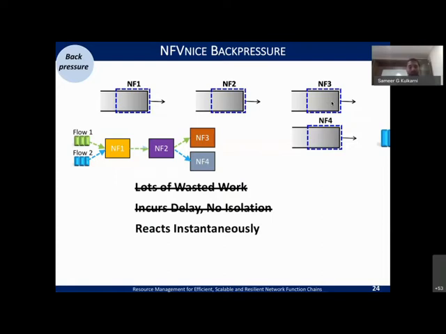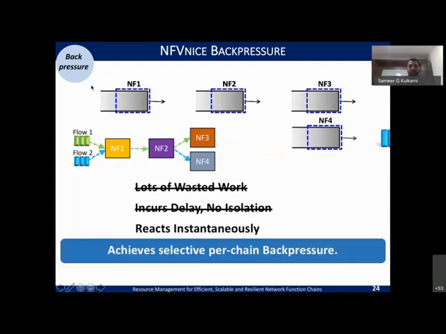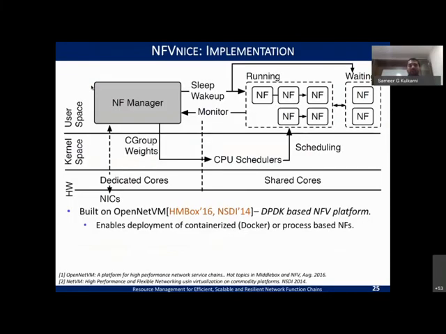And what this means is if I have this scheme in a scheduling as the bottleneck NF, I can make sure that for that bottleneck NF, I give more priority to schedule and run than the upstream NFs. So this helps us achieve selective per chain back pressure. This is the contribution that we made to ensure that the NFs operate in the way they desire.